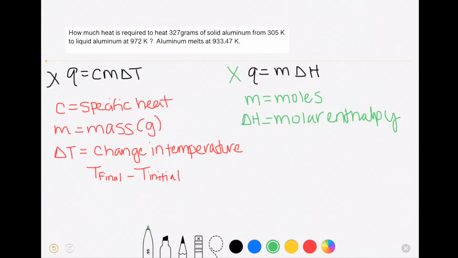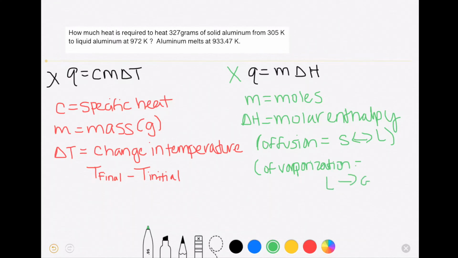There's two charts. There's molar enthalpy of fusion, which you would use in a phase change going from solid to liquid or liquid to solid. Okay, and then there's also one for vaporization, which you would use when you're going from a liquid to a gas or a gas to a liquid.